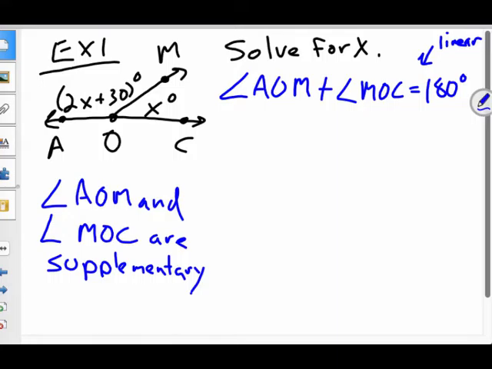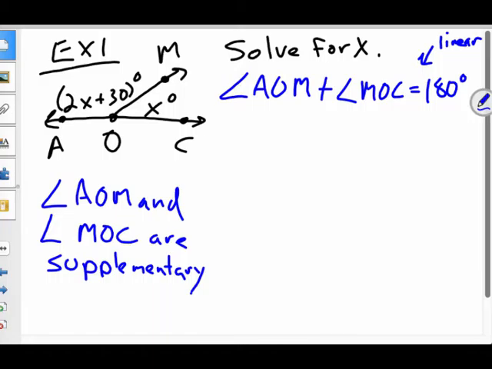So keep that in mind. Supplementary means that they add up to 180. A linear pair adds up to 180 because they share a line, and the measure of a line is 180. The two angles of a linear pair are always supplementary angles.